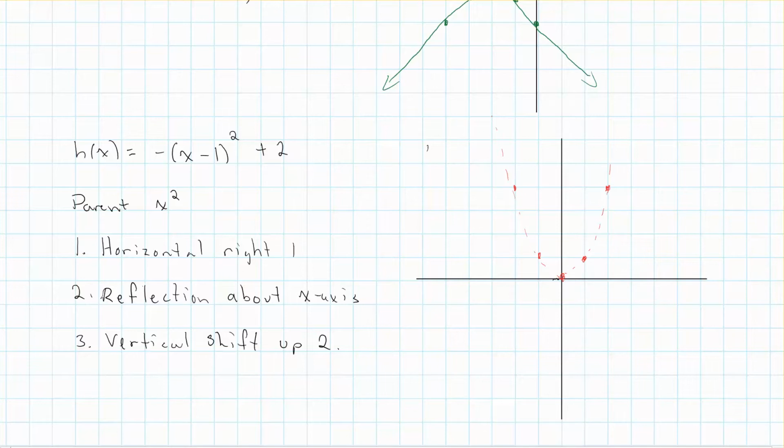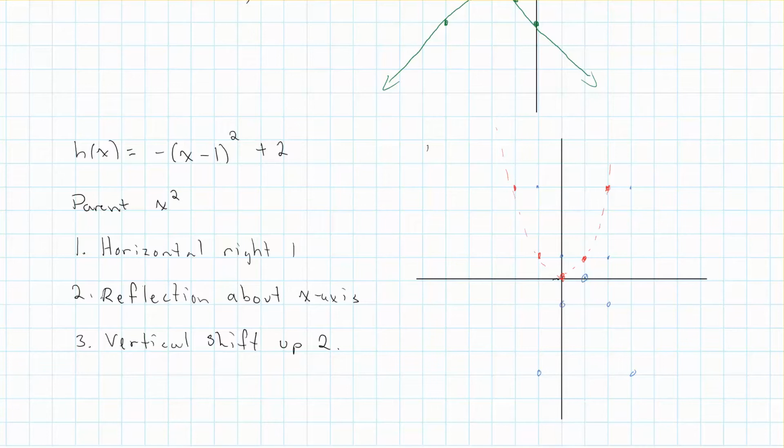Now, it can get pretty messy with all of them here, so I'm just going to draw some tiny dots and then apply them. So I'm going to do horizontal, going to the right 1. So 1, 1, 1, 1, 1. And then we've got a reflection about the x-axis. So then I'm going to make these circles here. Circle, circle, circle, circle, circle. And then finally we have a vertical shift up 2.